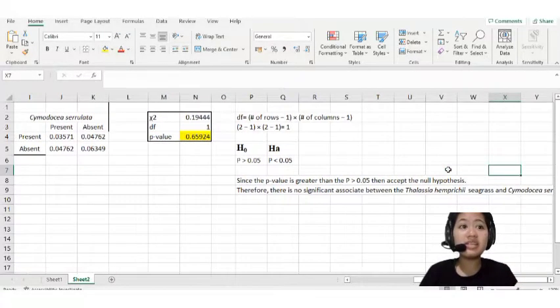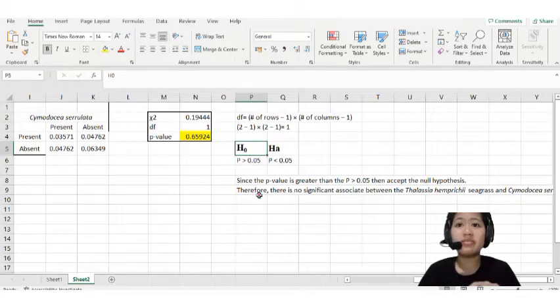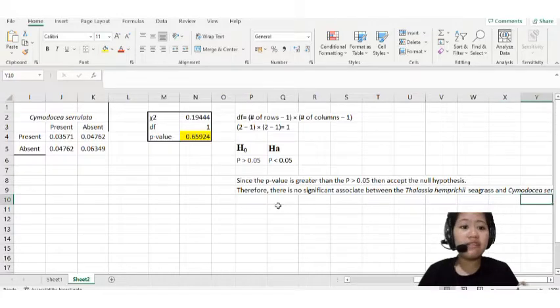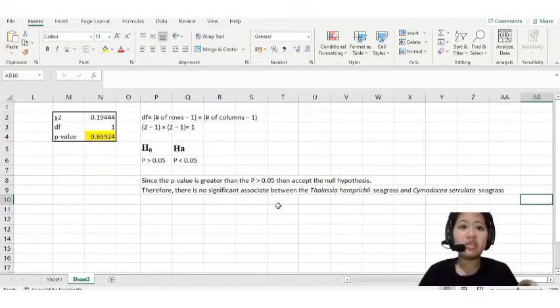Since our p-value is 0.65, which is greater than 0.05, we accept the null hypothesis. Therefore, there is no significant association between the Thalassia hemprichii seagrass and the Cymodocea cirrata seagrass.